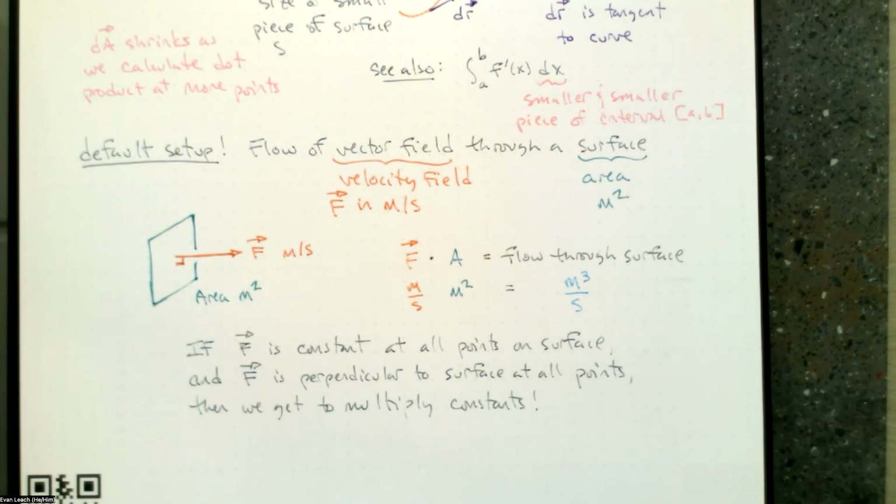So in a dot product, since we're multiplying vectors, constant means a couple of things: same magnitude and same direction.